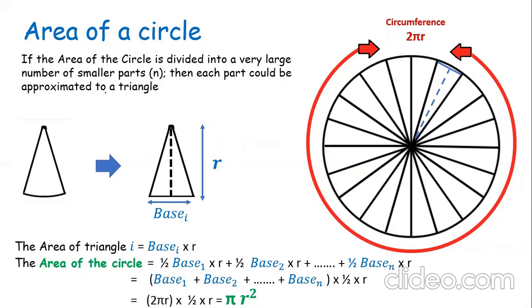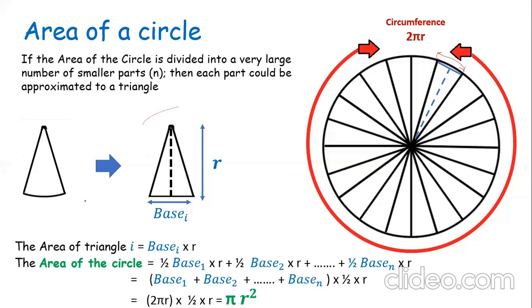So here, in this example, we have taken one piece of those small pieces that count to number n, and since this length is very small, we can approximate it to a straight line that forms the base of this small triangle.